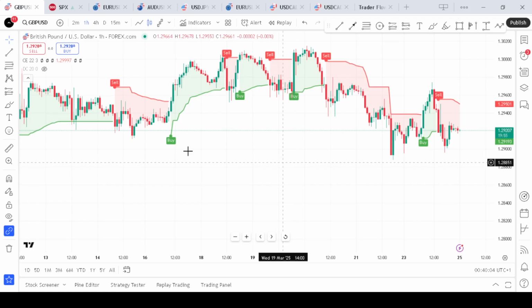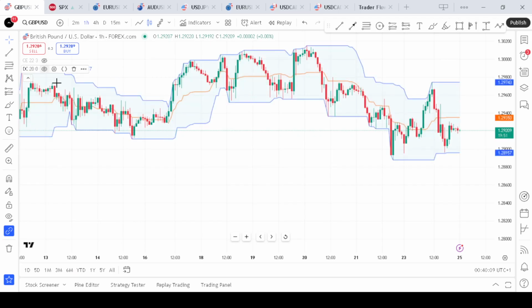Now the Donchian channel, on the other hand, identifies the market trend and volatility by plotting three bands: the upper band, the lower band, and the middle band.